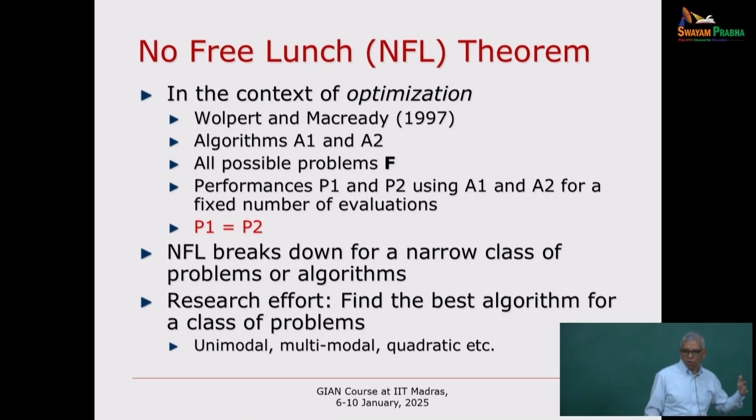Apply A2 to all problems of F, on the same computer, same number of evaluations, everything else the same, I get a performance measure P2. They have proven in that paper that P1 is equal to P2. So what does that mean? No one algorithm is better than the other if you are interested in solving all possible problems.